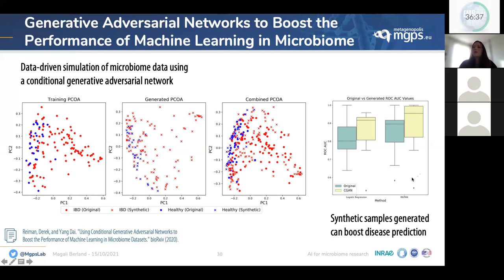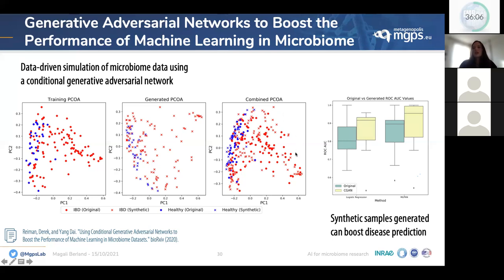They showed here that a machine learning algorithm trained on the original data, or on the original data plus simulated data, gives better prediction performance. So they increased the prediction performance by adding simulated data generated with a generative adversarial network.